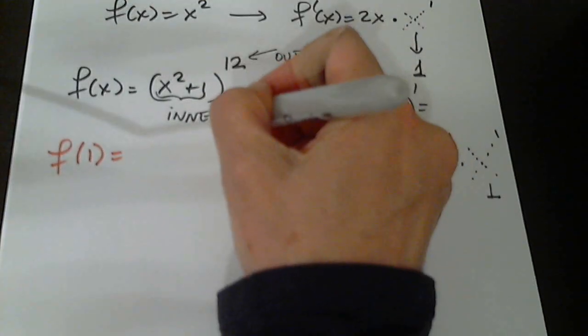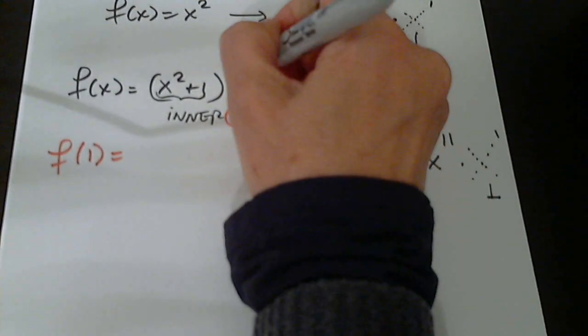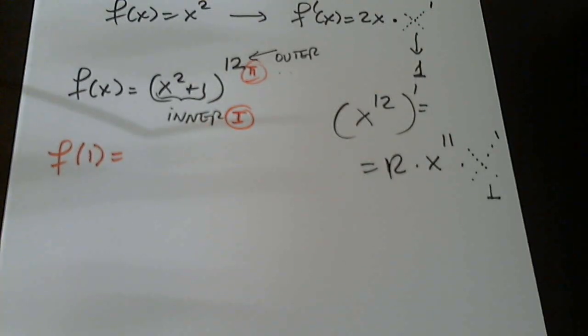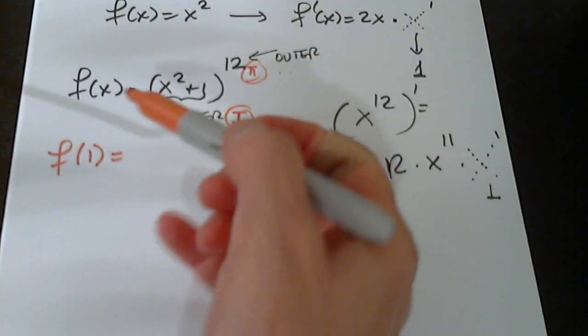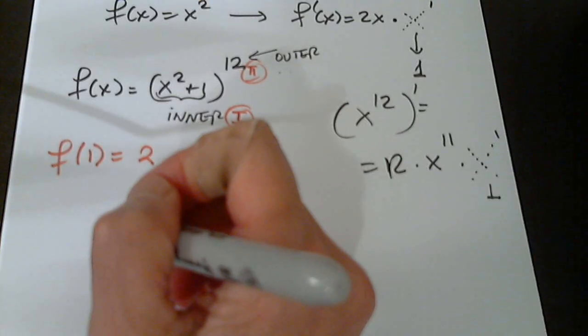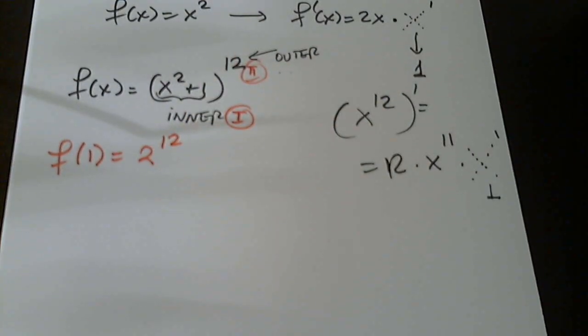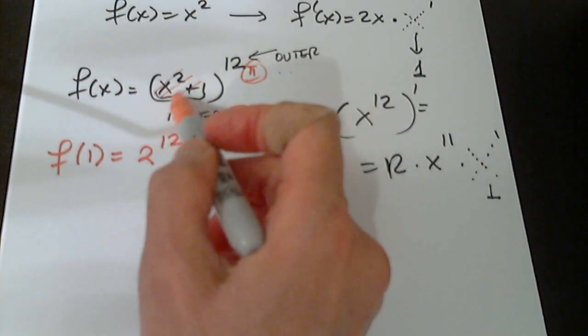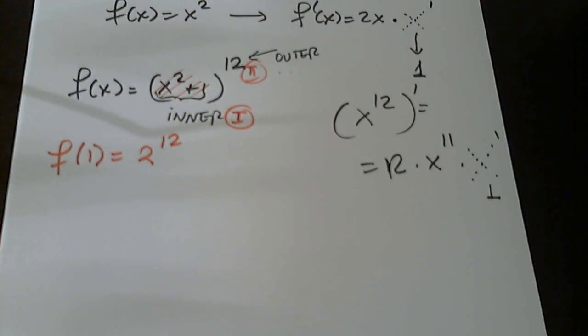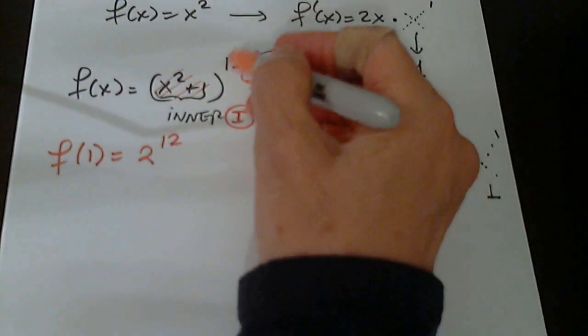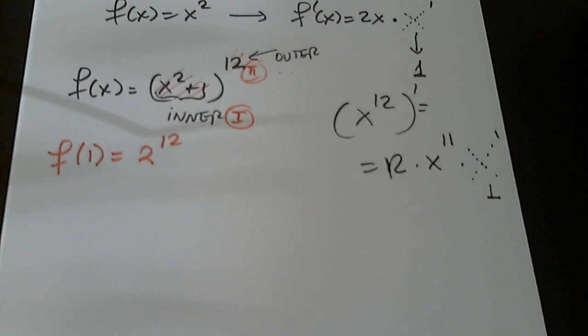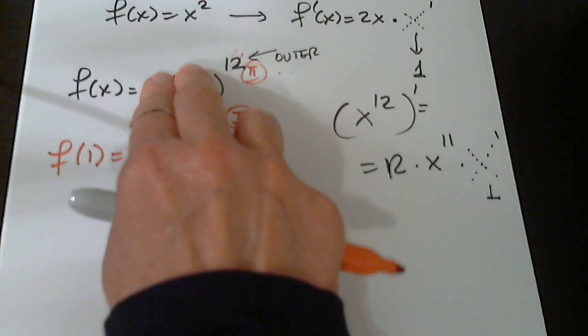So in other words, this is the first priority, and this is the second priority. So f of 1 would be 1 plus 1, which is 2. When I'm done with that, then I raise to the 12th power, which is the second function in line. So this is considered the inner, because I have to evaluate it first. And this is considered the outer, because it will wait its turn while this is done.